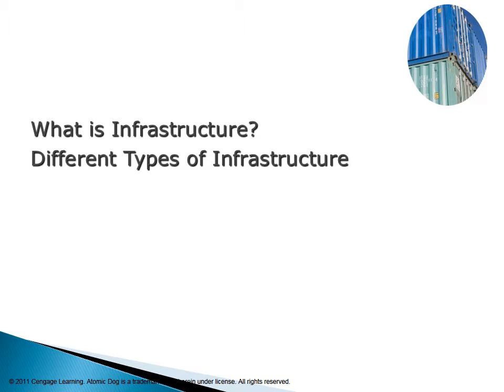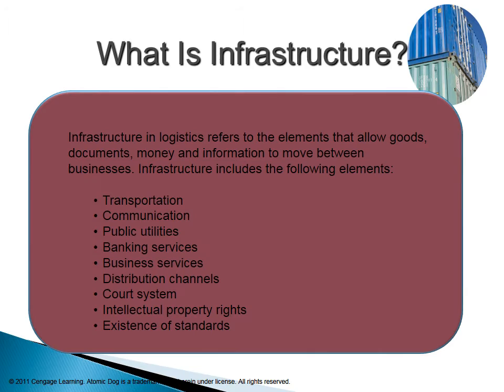In this chapter, we'll try to understand what this infrastructure is and what the different types of infrastructure are. This slide shows the different components or elements of that infrastructure.